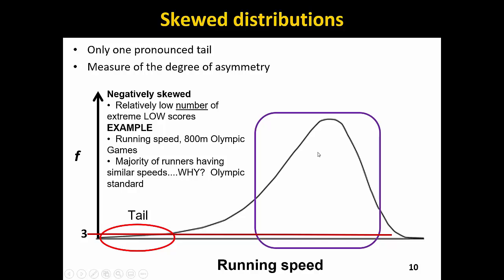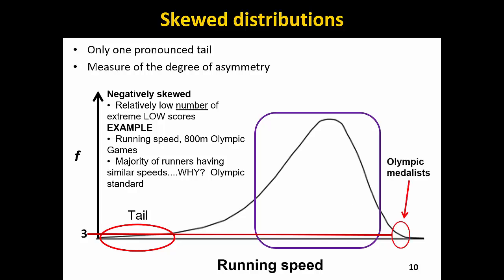And this is particularly notable for the Olympic Games because of what's called Olympic qualifying standards. And so in order for runners to qualify for the Games, they have to achieve a certain performance in run-up meets prior to the Games.